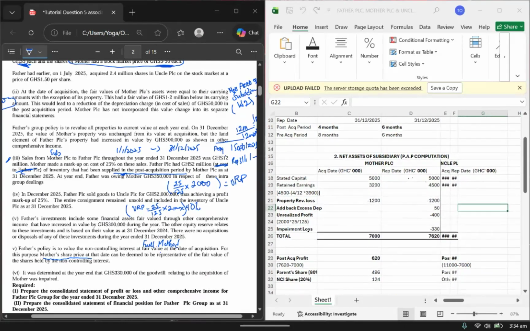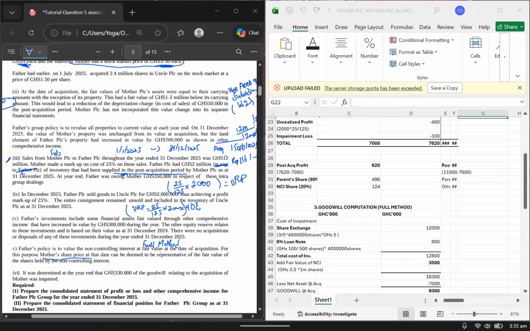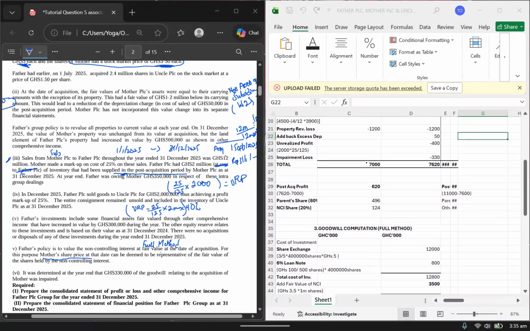I decided to subtract the impairment straightforward from the net assets, just to be safe. In that case, you treat impairments by NCI and group retained earnings, because the post-acquisition profit has already been affected by the impairment loss.